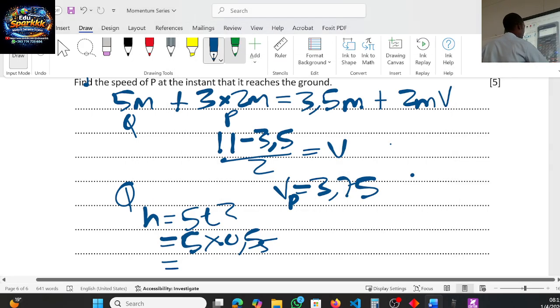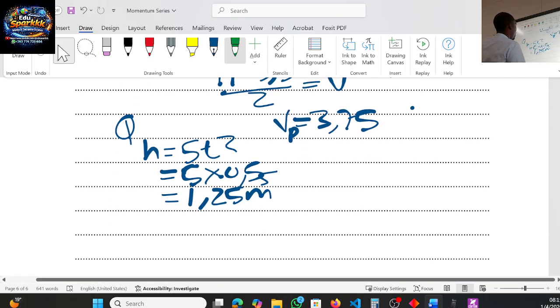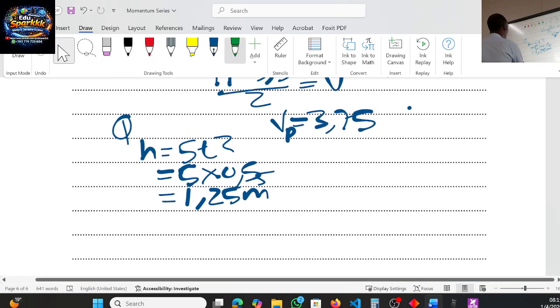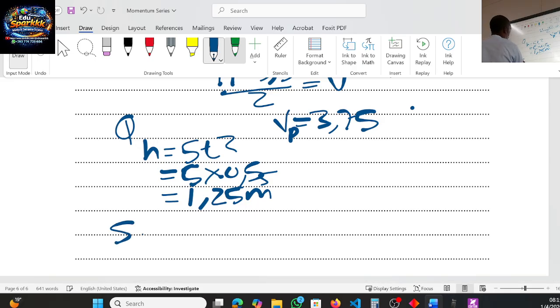So in essence, if this is 1.25 meters, of the 2 meters, what was remaining, we can say S to be covered, will be 2 minus 1.25, which is actually 0.75 meters.